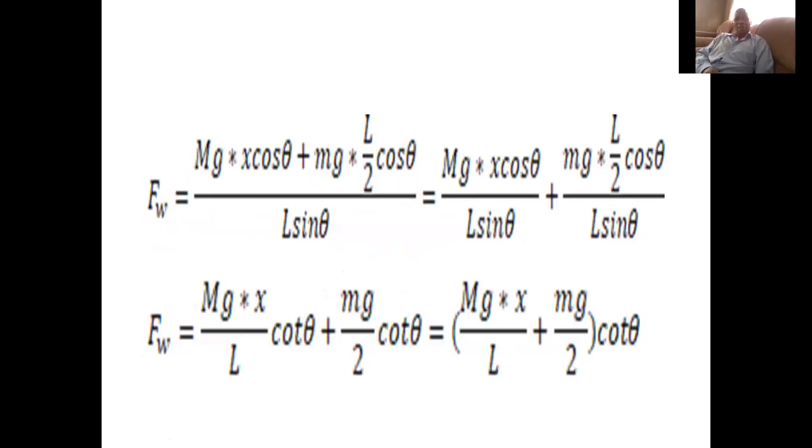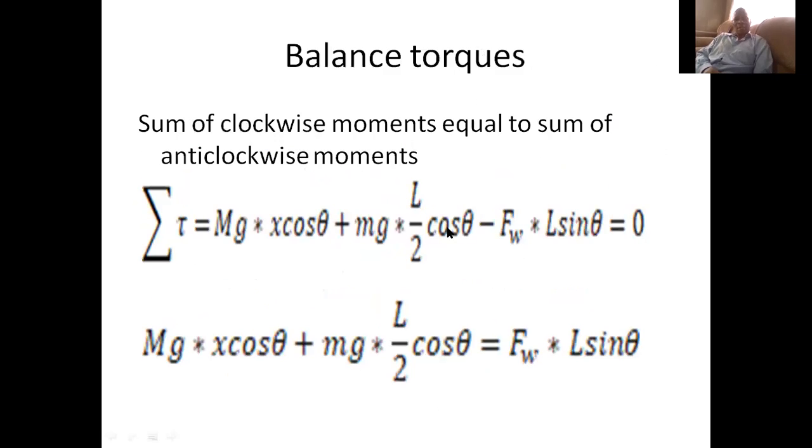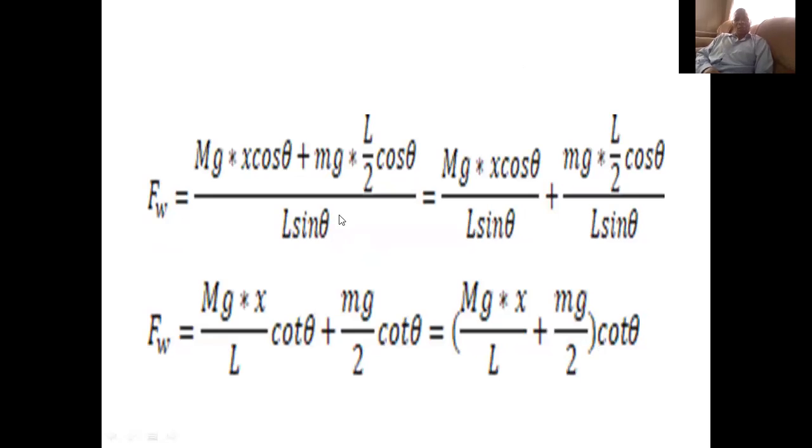When we make that the subject of the formula, what will happen is that you bring this one, which will be divided by everything here, and then you are going to remain with Fw on the other side. This is now simple mathematics of rearranging terms. And this can be further broken down.